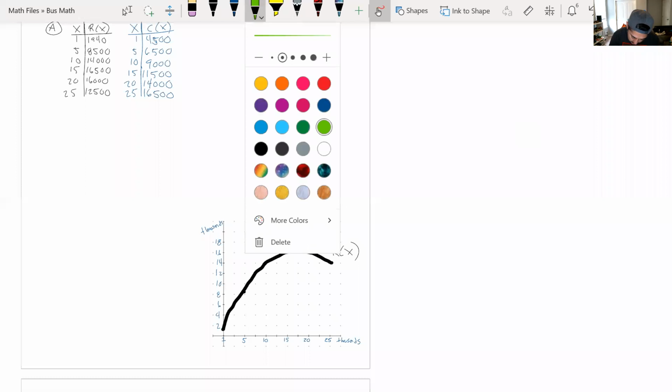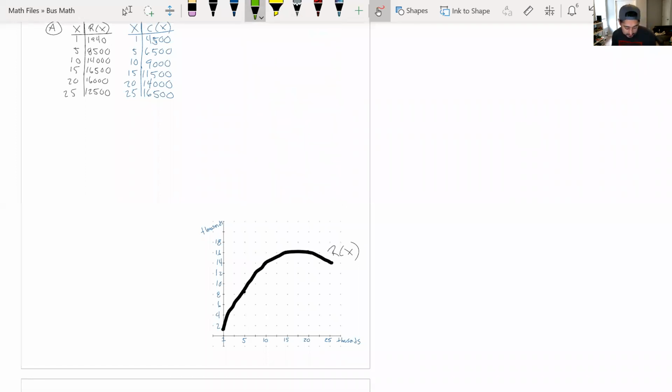Now we graph cost function. 1 and 4,500. Somewhere around there. Let me make that dot a little bigger. And then 5 and 6,500. Somewhere around there. 10 and 9,000. Right there. 15 and 11,500.